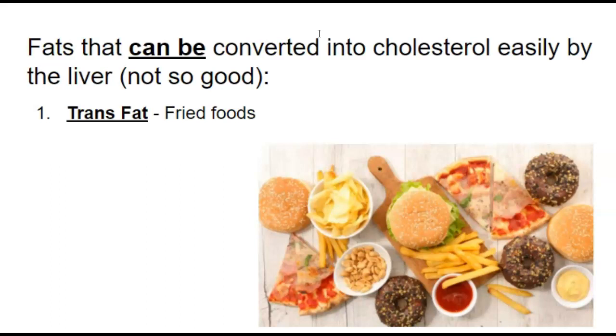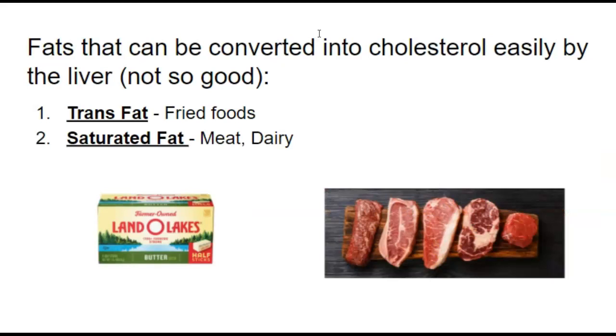So you probably won't see very many foods with trans fat in them, but fried foods typically have trans fat in them. Then the other one is saturated fat. Living in Wisconsin, we consume a lot of saturated fat because it's the fat that's found in meat and dairy. So anytime you're baking cookies with butter, that has saturated fat. Cheese. Obviously, not all meats have a lot of fat in them, but some types of meat have more fat in them than others.